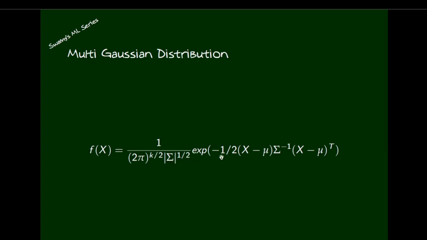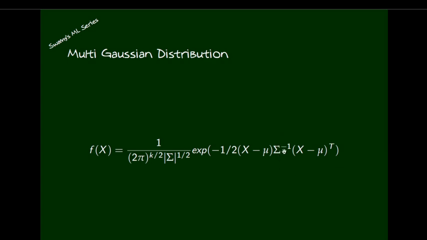Then e raised to minus half into, in the original distribution we have minus 1 by 2 into x minus mu the whole square by sigma square. In order to make it a matrix product, we split it like this: x minus mu into sigma raised to minus 1. The sigma raised to minus 1 is actually 1 by sigma. This capital sigma is variance. That variance is actually sigma square.